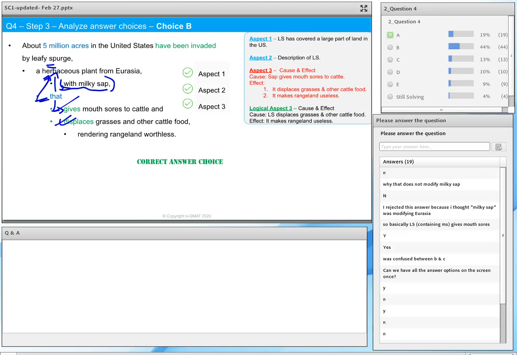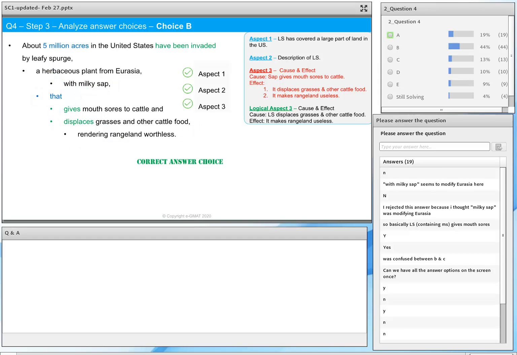And then with that, our last bit of the sentence also falls into the proper logical arrangement. Now this comma plus verb-ing modifier is modifying the preceding action displaces. Because leafy spurge displaces grasses and other cattle food, as a result, the grazing grounds become useless. Okay, that makes sense?